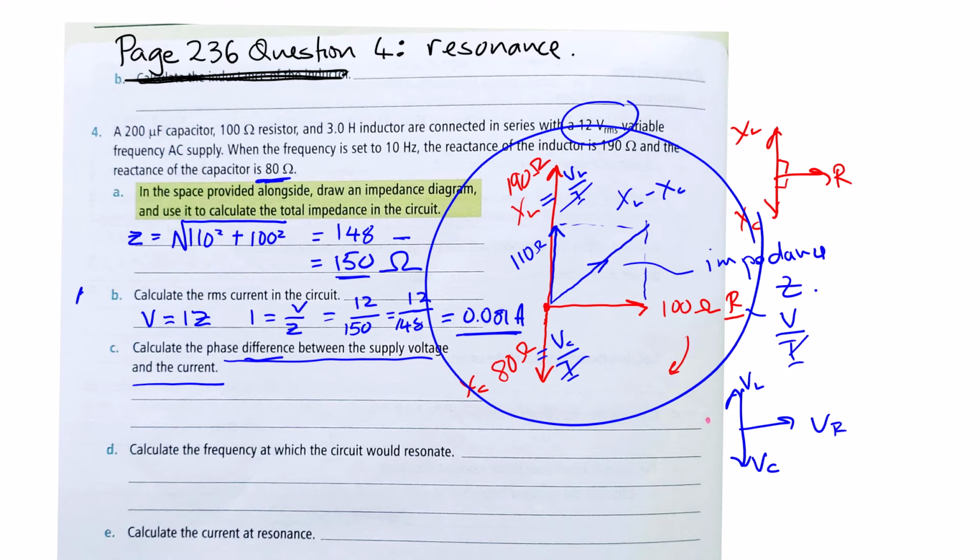So the phase difference is going to be this angle that we identified already between the supply voltage and the current. This is our angle.